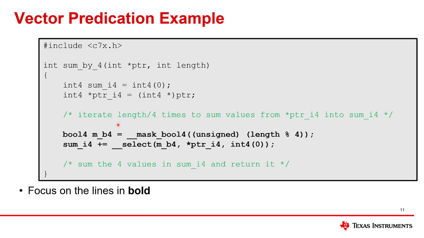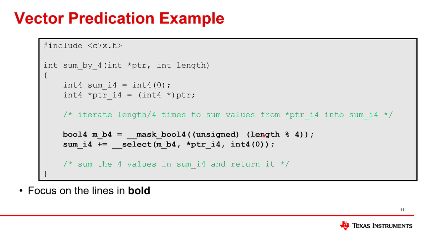The context of these two lines is that the loop is over, and let's notice that the length of this array is not constrained to be a multiple of 4. You could have other lengths that are not a multiple of 4 being passed into this array, and you've done length divided by 4 times, so there might be some left over. And how many are left over?